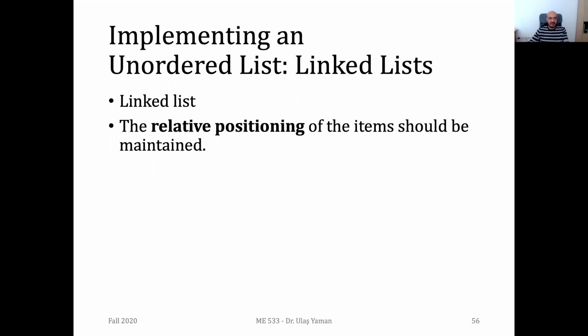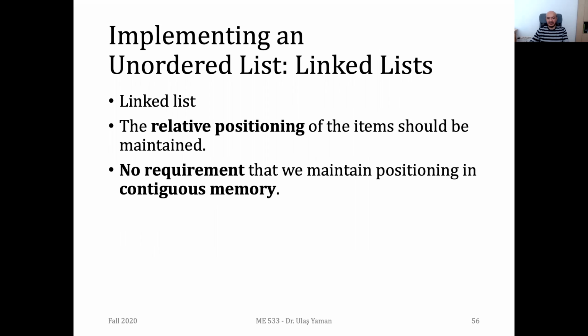So how do we do the implementation? We need to have a kind of a relative positioning between these items. And this should be maintained somehow so that while performing all these operations, their order will not be modified and we will have the same fashion.